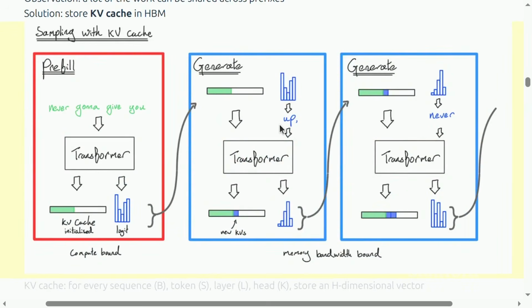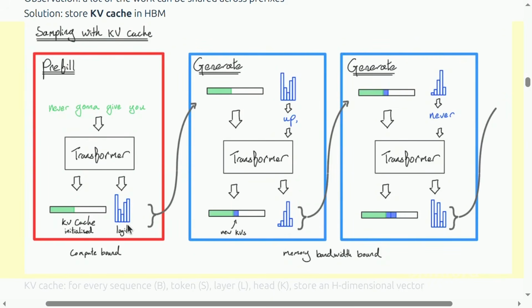This is what it looks like with a KV cache. There are two stages. First, prefill: you get the prompt and populate the KV cache, which is the set of key and value pairs that the transformer computes. Then you generate the logits, the same computations as before.